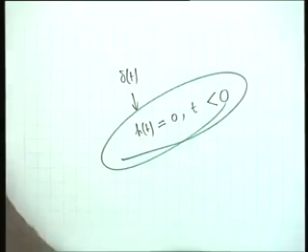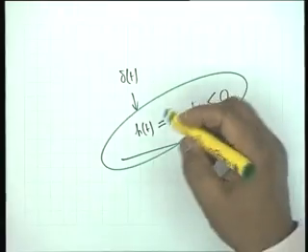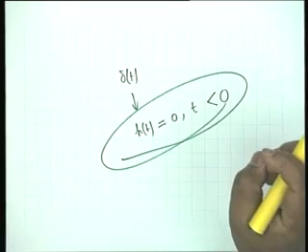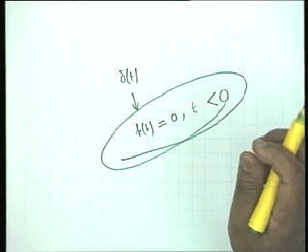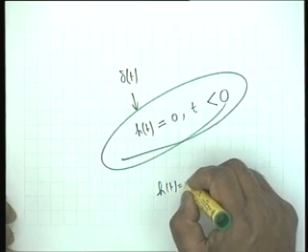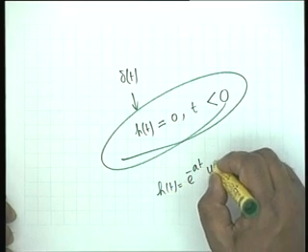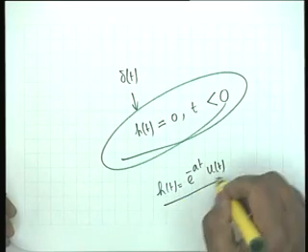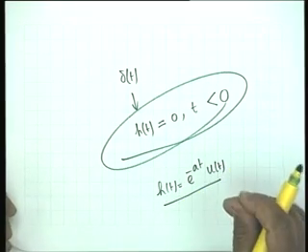For a linear time invariant system, causality is guaranteed if h(t) equals 0 for t less than 0. For example, if h(t) is e to the minus a t u(t), if the unit impulse response is this, it is a causal function. Is that clear?